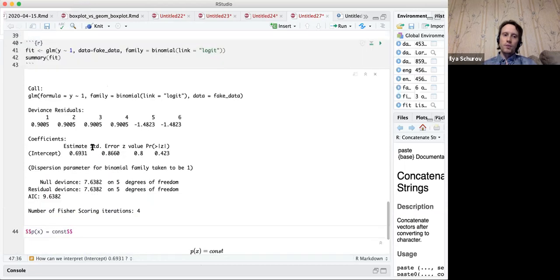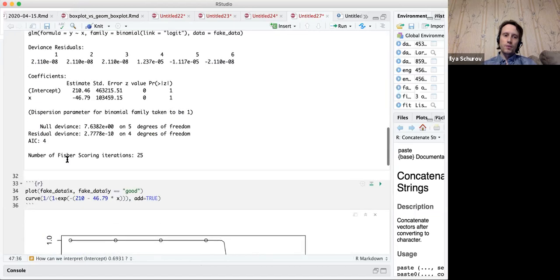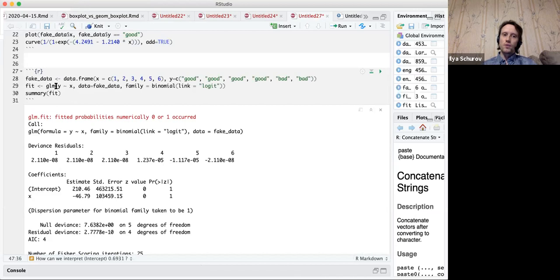As you remember, we have these estimates. For example, when we fitted a usual model where y depends on x, we have estimates for two coefficients, for the intercept and for the coefficient for x. So here are our estimates.